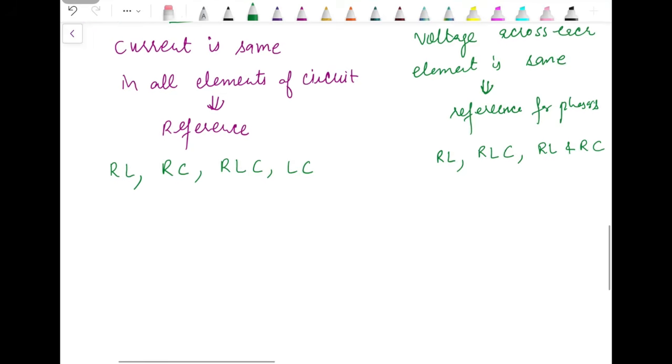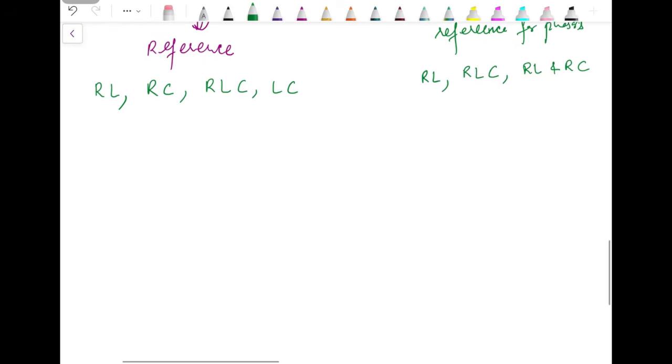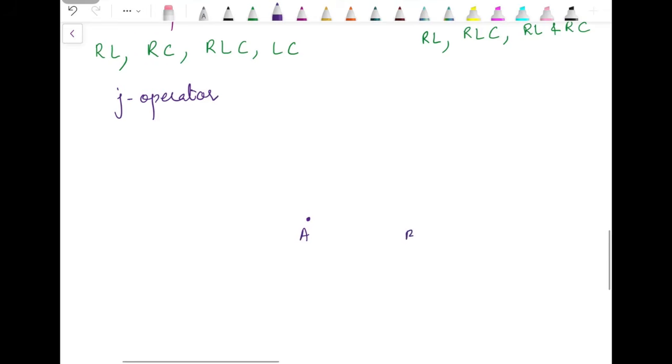Now before moving on to the numerical part, we need to understand one operator which is known as the J operator. Now what is this J operator? J operator is actually a vector, and if we multiply any phasor with this vector j, then it will rotate that vector.